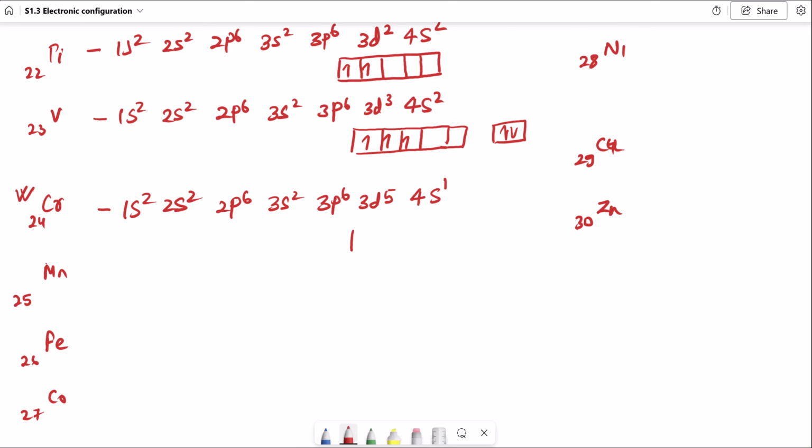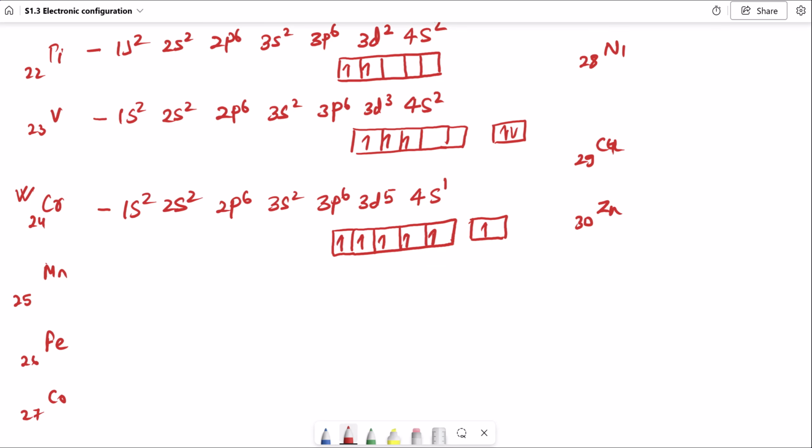So why 5? Because if I am going to fill, let's say, electrons like this, 1, 2, 3, 4, 5. If I'm going to put 4, then what you will find is that the last cell has 2, this one has 2, and there's always a concept of half filled.